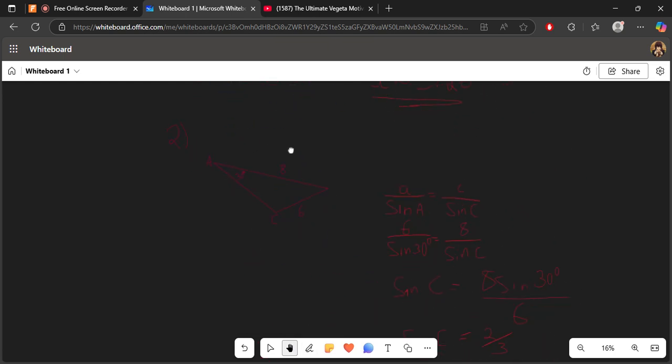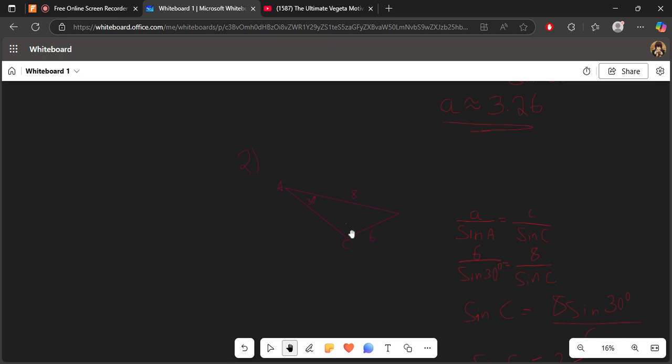Then move on to this other example. So we have this triangle here with two sides given, 8 and 6. And we know this angle is 30 degrees, and want to find out what is the size of angle C. We have a complete angle side pair, 30 degrees and 6.